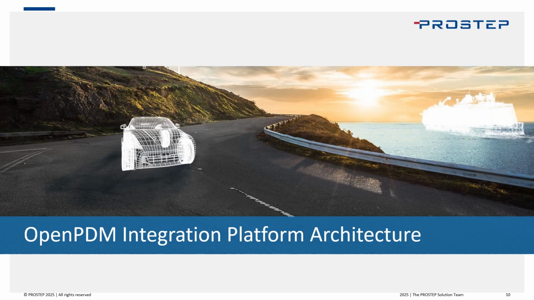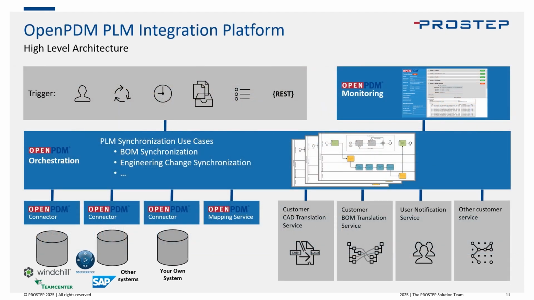Now that we've explored some demos of OpenPDM, we can dig into some of the platform architecture. Within the demos, you saw a lot of the components that are overall within this architecture. There are the different connectors to systems like Teamcenter, Windchill, 3DX, and other systems available on the lower left. You have the orchestration layer in the middle.